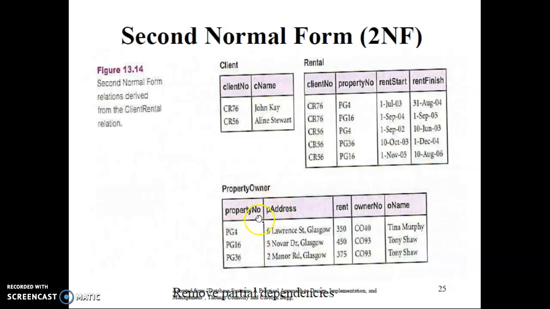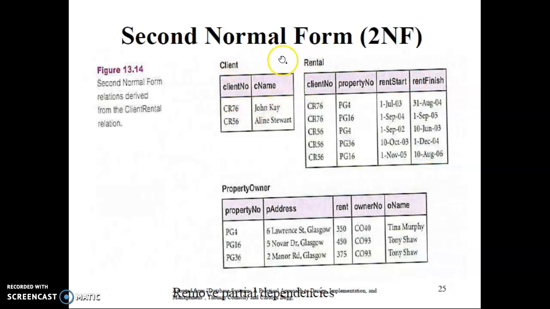So we have decomposed, that is divided our table, so that each partial dependency is a separate table, and the full functional dependency is also separated and named rental. This is rent start and rent finish depending on both client number and property number. So we separated that as a separate table and named it rental.